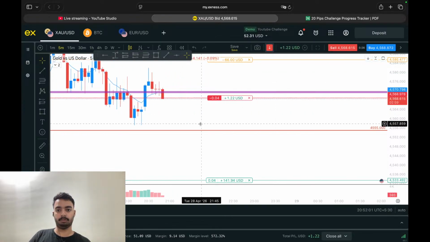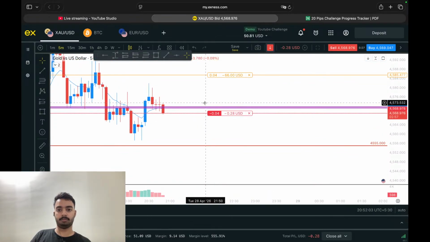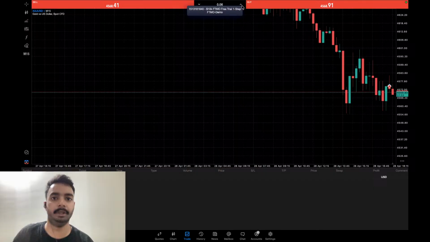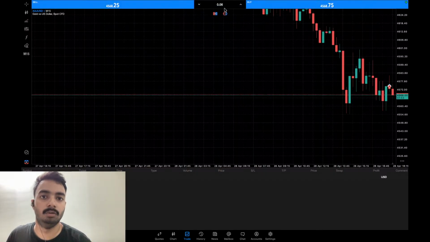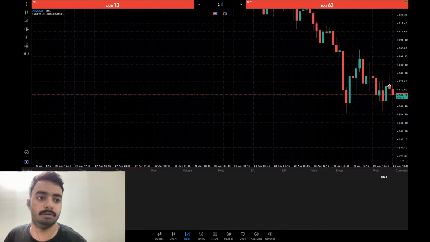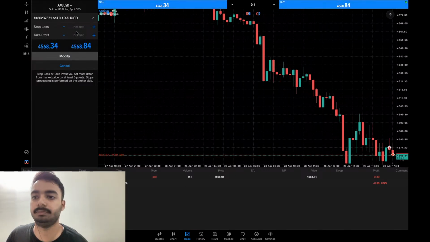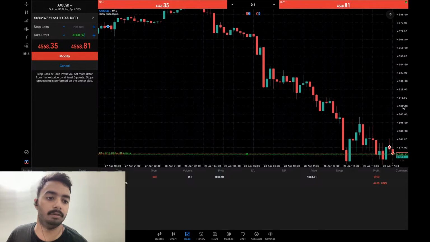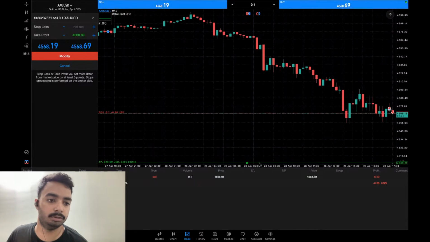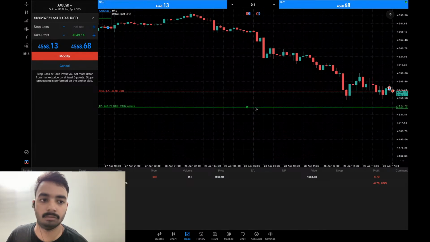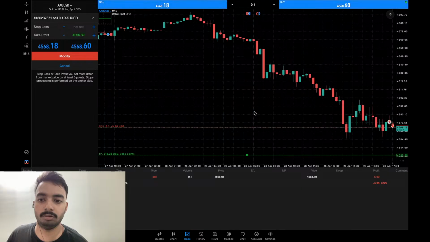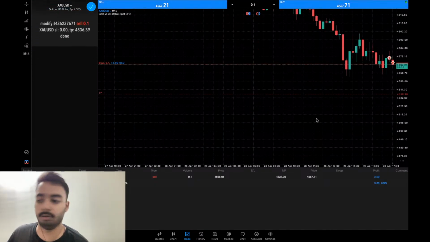Let's just enter the setup. As it's breaking down, we will keep our position of 0.1 in this funded account. Let's wait and see how it goes. We want a TP of $300.